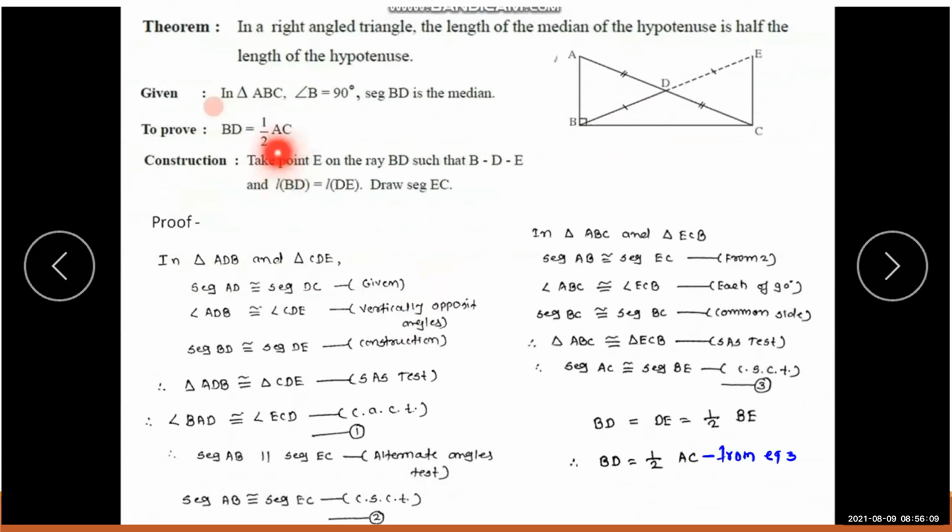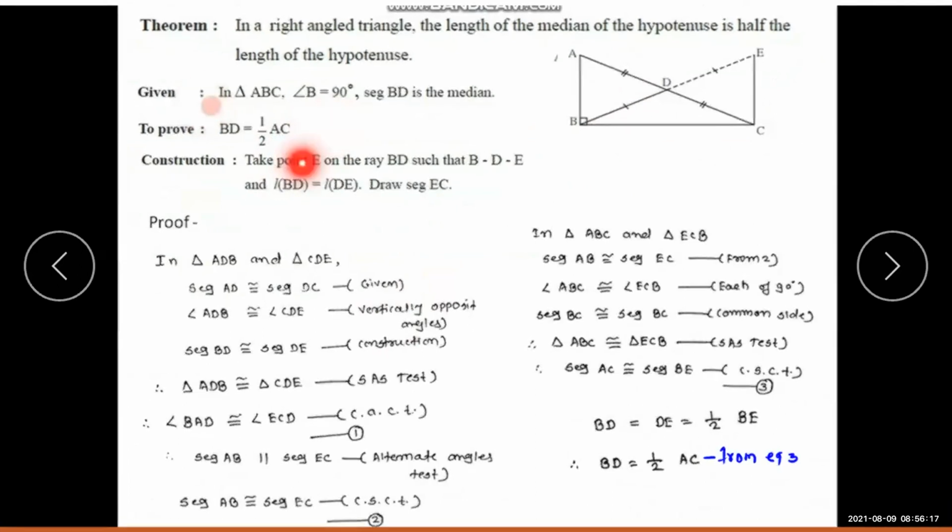That means AC is the hypotenuse. So BD equal to half of AC, that we have to prove.